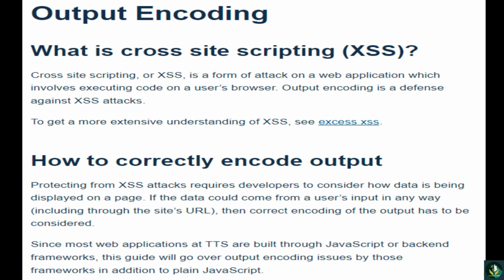Protecting from XSS attacks requires developers to consider how data is being displayed on a page. If the data could come from a user's input in any way, including through the site's URL, then the correct encoding of the output has to be considered.